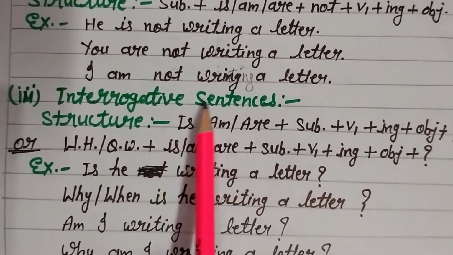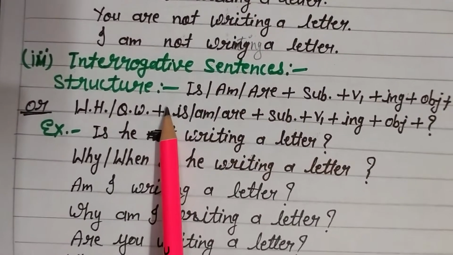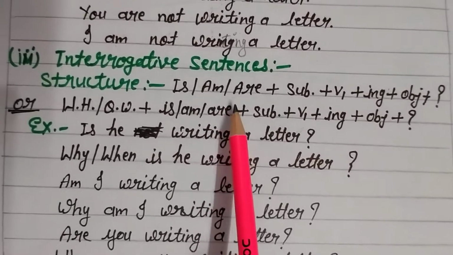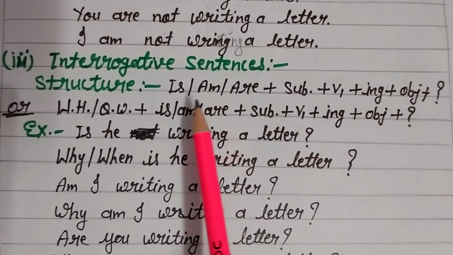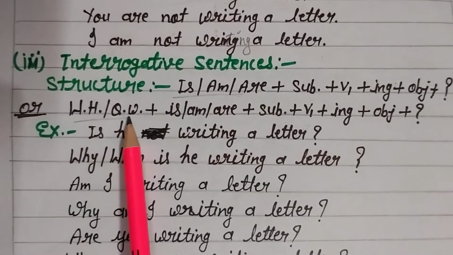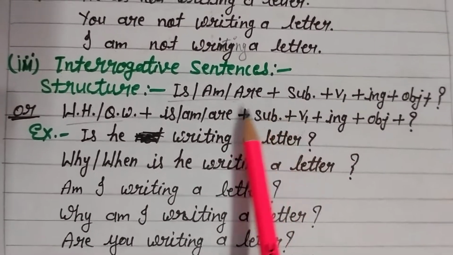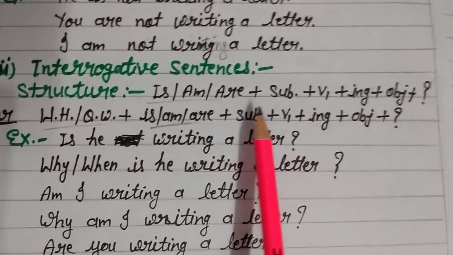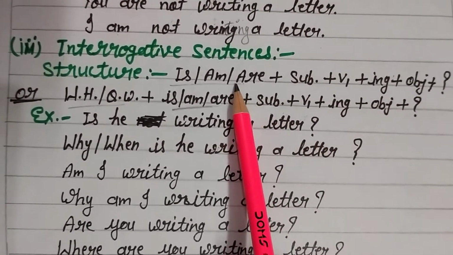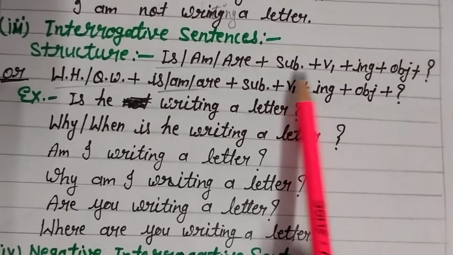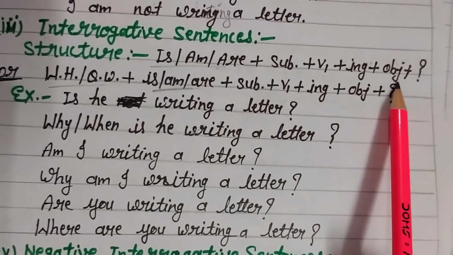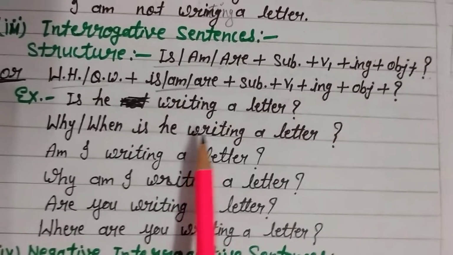And now interrogative sentences, as a structure. Is, am, are. First of all, in interrogative sentences, first we use the helping verb or question word. So we use the helping verb first: is, am, are, and then subject, verb's first form plus ing, object and question mark.